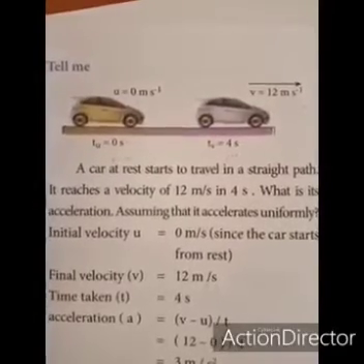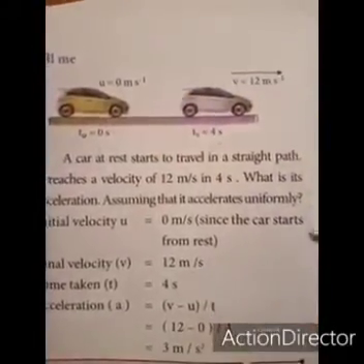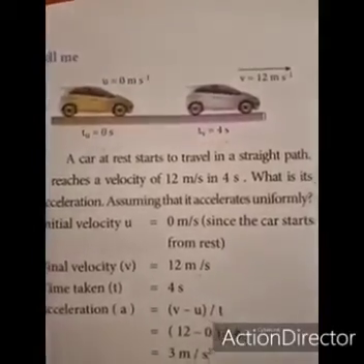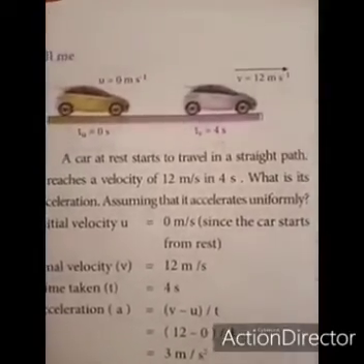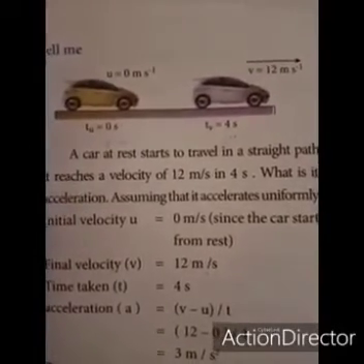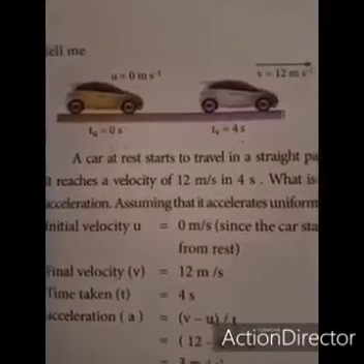When the velocity changes from 0 to 12, it is positive acceleration or just acceleration. When the velocity gets decreased, it is deceleration or retardation.